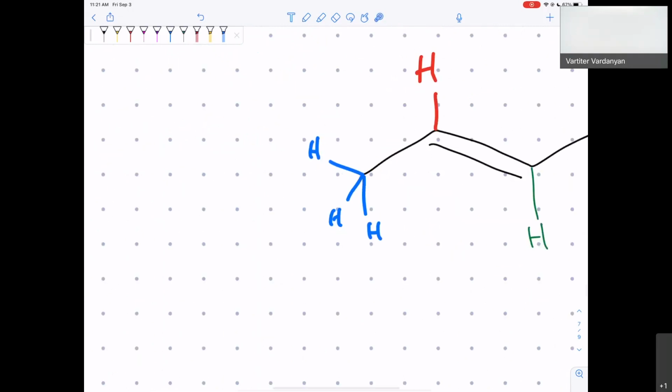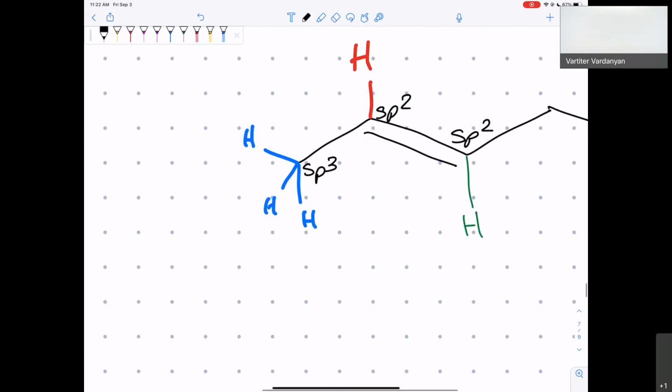This carbon, what's the hybridization? sp3. This carbon? sp2. This carbon? sp2, because it's also connected to this double bond, right? So both sides are sp2. We don't care about the rest of it.